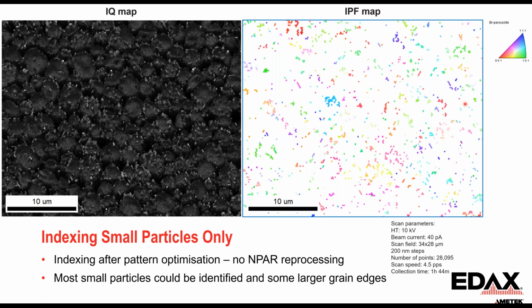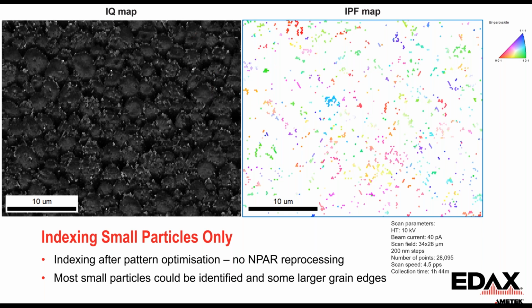But you can see we do see clustering of the orientations in this IPF map on the right. There are groups of colors that are together, indicating that we are measuring something from some of these small particles that are the same orientation. We get an idea of how these correlate with the grain structure we can see in the image quality map.